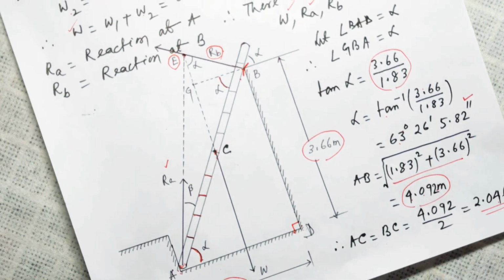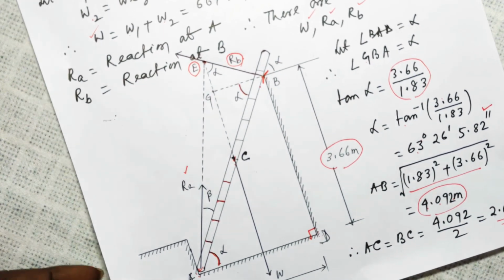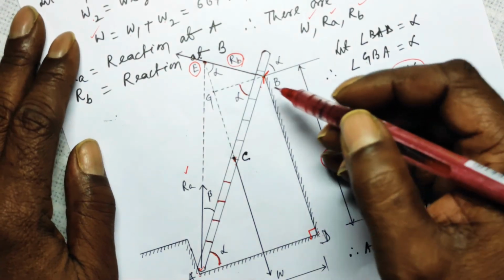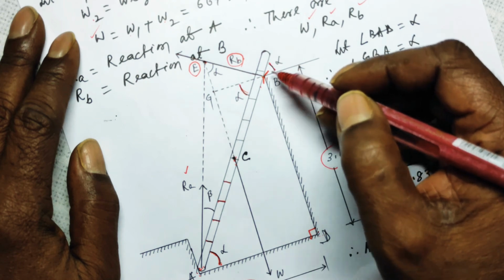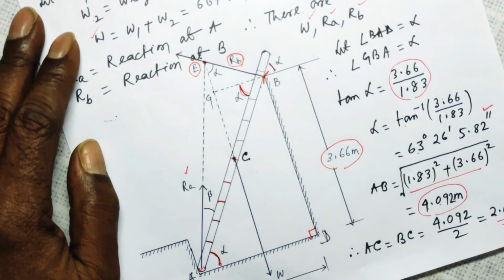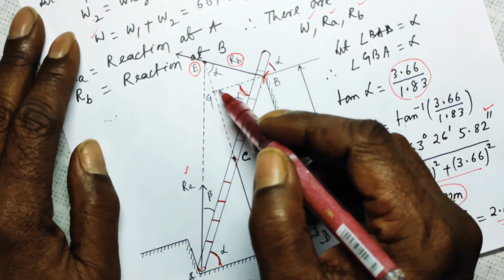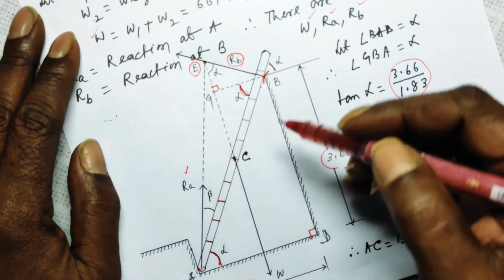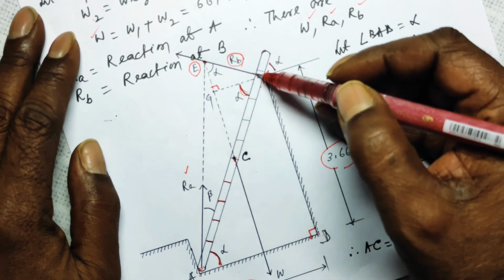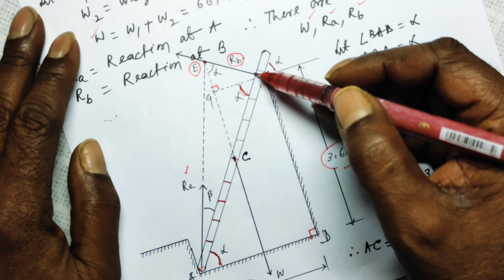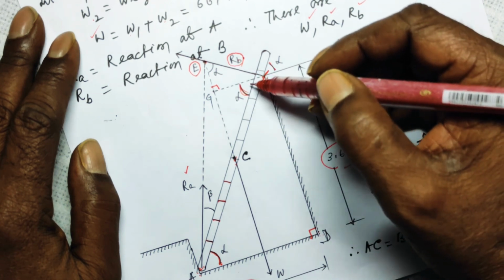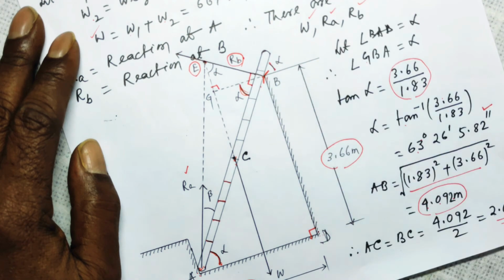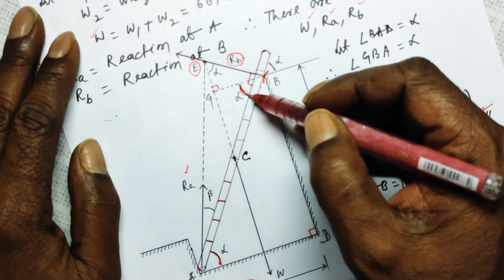Now, let me again explain. I just explained this angle is equal to this angle alpha, and this alpha is vertically opposite to that. Now, if you drop a perpendicular here, this angle will be 90. And the direction of RB at this point makes a 90 here, of which this much is alpha.